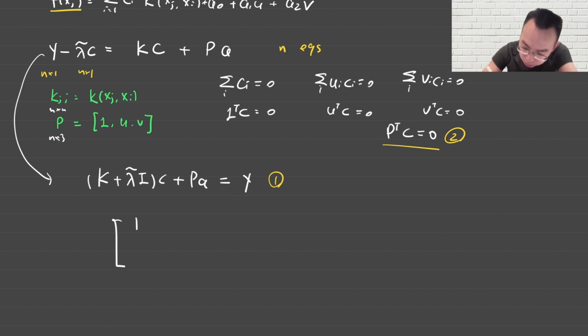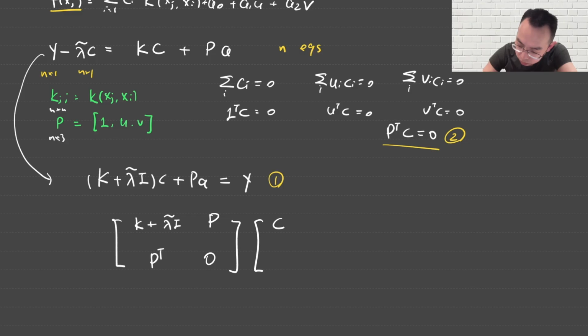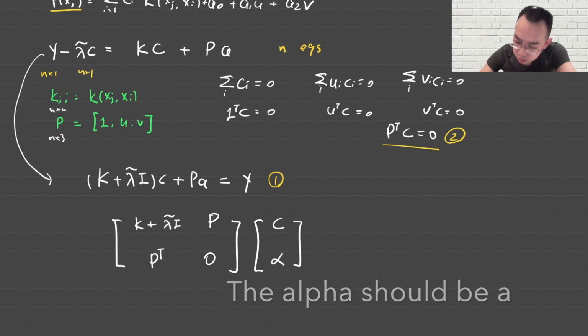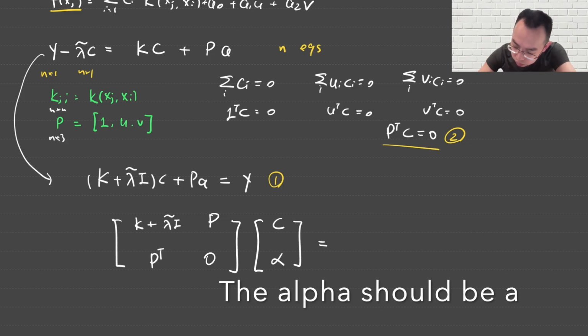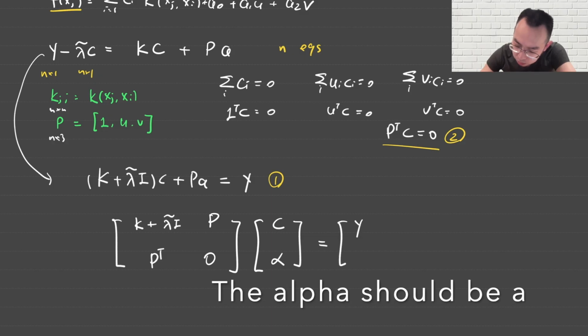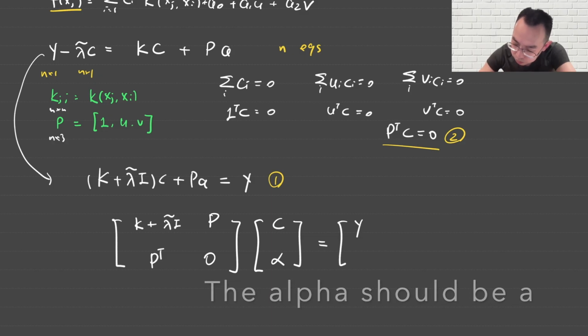So that's going to be K plus lambda tilde I, and then we have the matrix P here, and then P transpose, and here's 0, times C alpha equals to Y, 0.